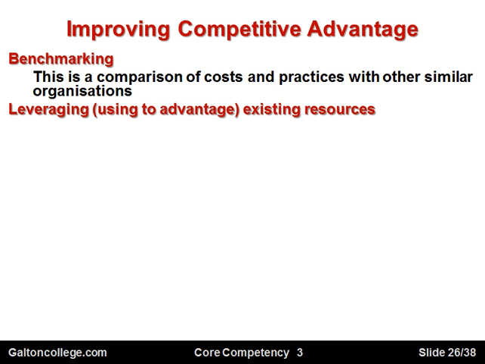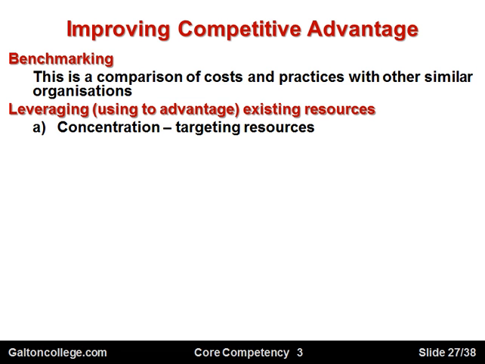Leveraging, which in this case we'll say is using to advantage existing resources. So we leverage or use existing resources to gain an advantage. Concentration, targeting resources, for example, making sure that the resources are all being used effectively and aimed in the right direction, aimed towards the achievement of a product which has competitive advantage.